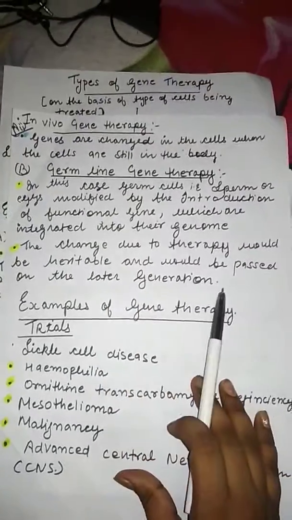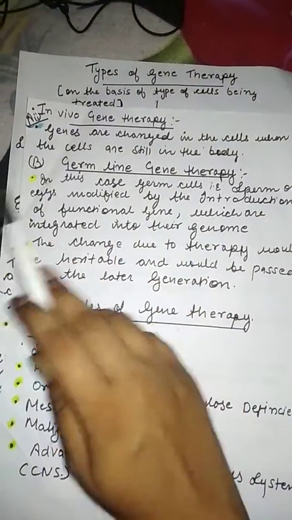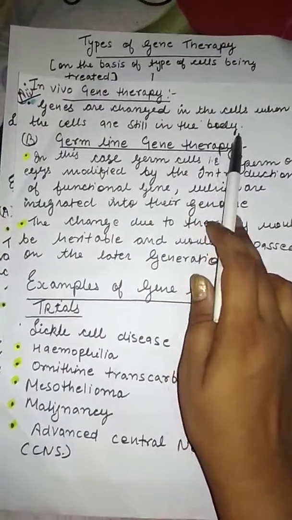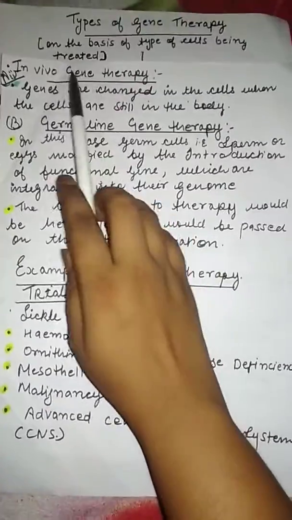That's the basic difference between these two: ex vivo is done outside the body, and in vivo is inside the body. These are the two classifications that are part of somatic cell gene therapy.